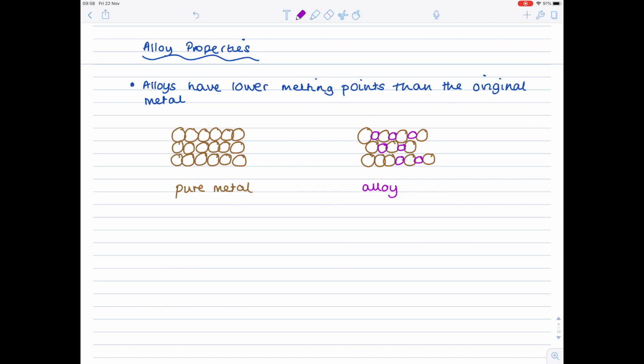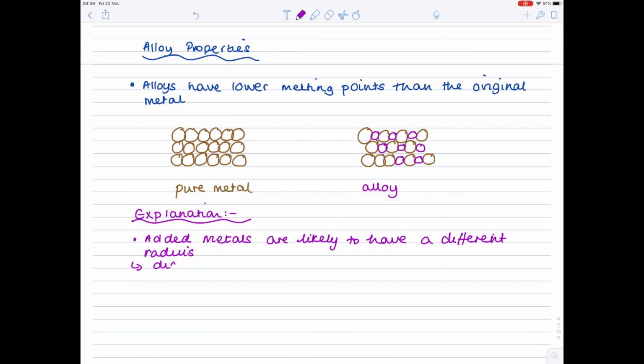Now, alloys tend to have a different radius, and so this distorts the structure of the original metal, meaning that the bonding is less directional. And as it's less directional, it will be by definition less strong. So to write an explanation, the added metals are likely to have a different radius, which distorts the structure of the original metal because the bonding is less directional.